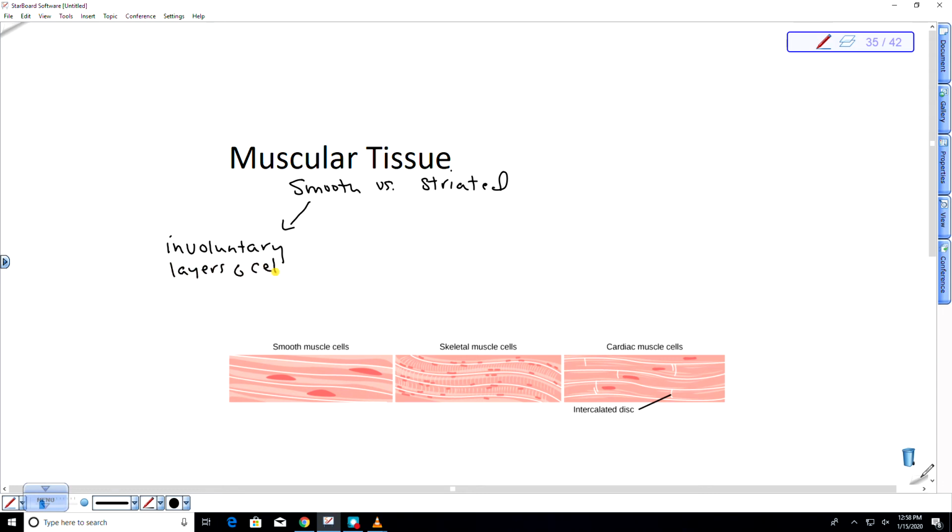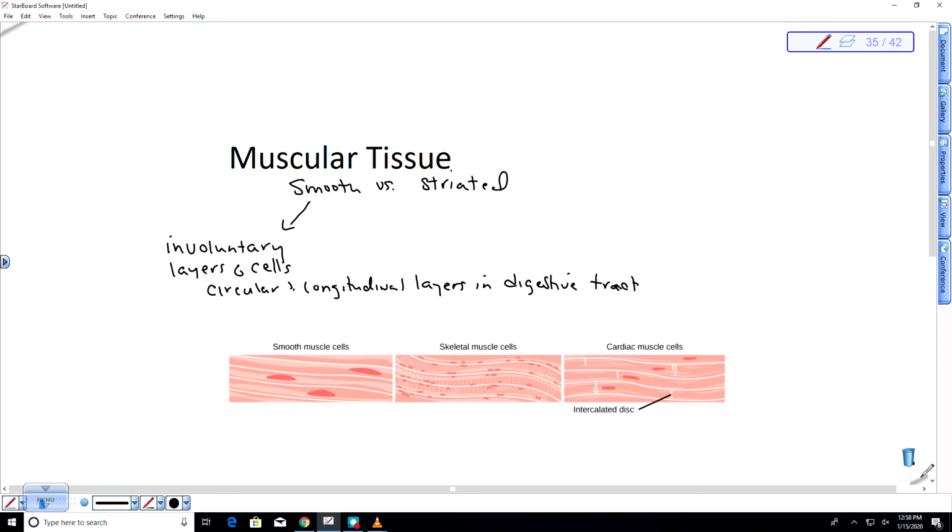of cells. So for example, in our digestive tract, we have a circular and longitudinal layer. Right?